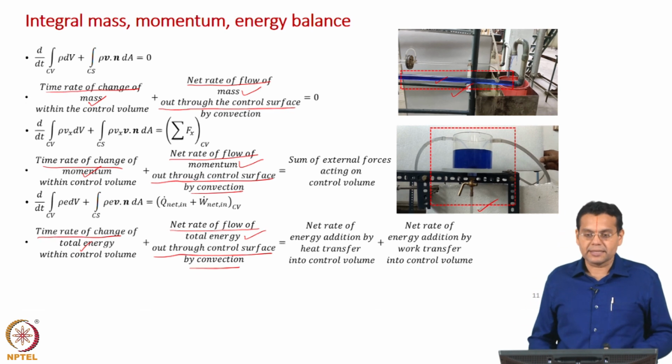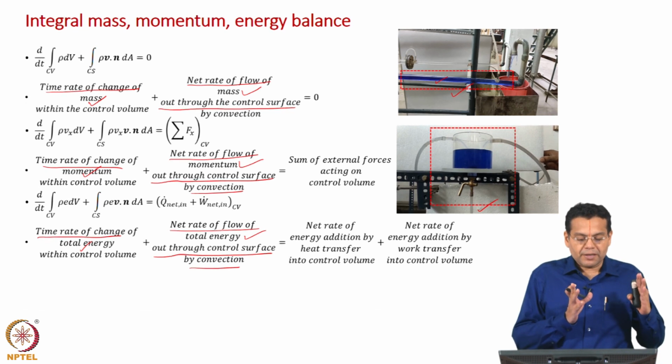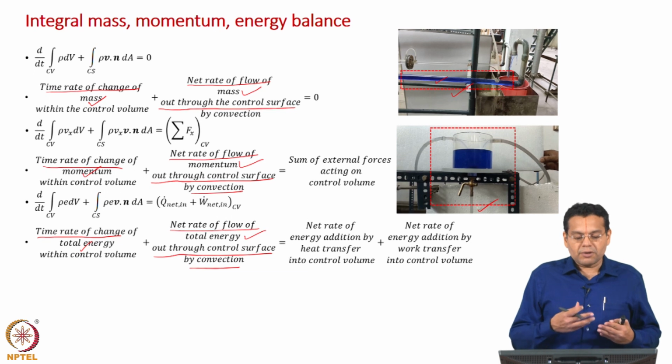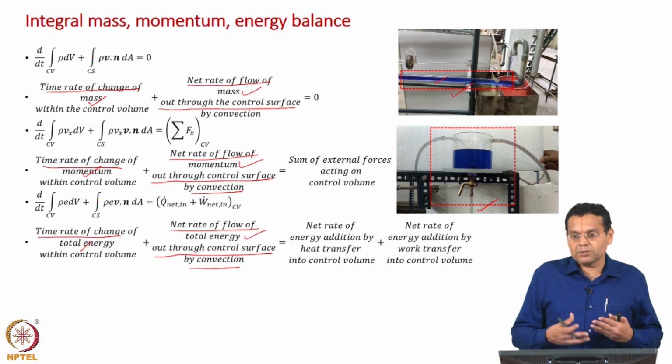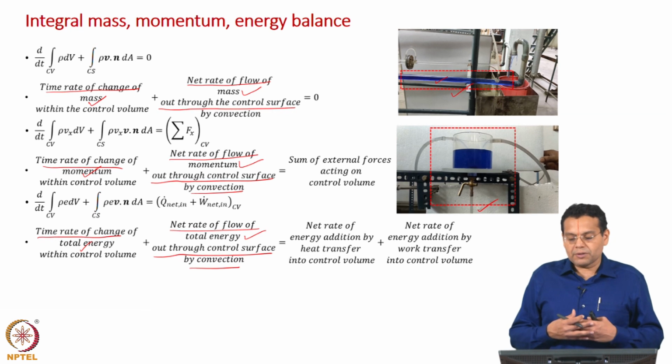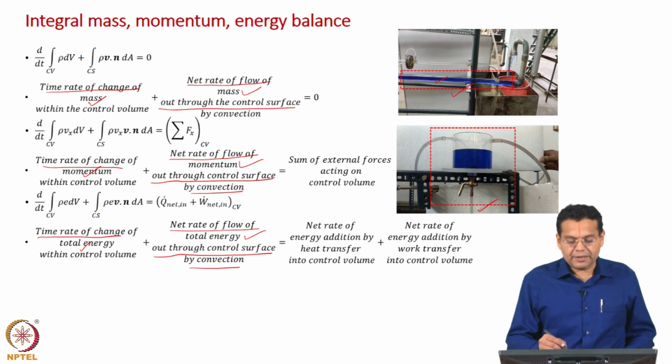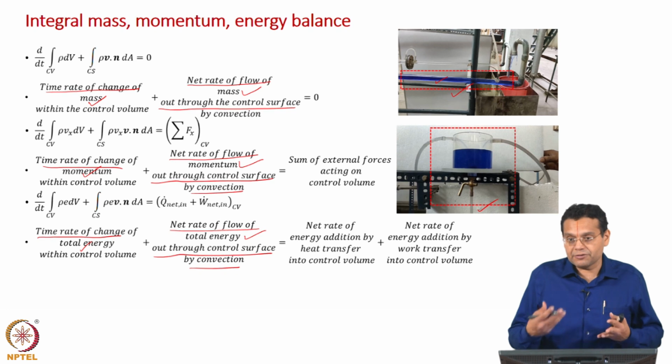Now, coming to the right hand side. The left hand side is very much analogous, a transient term and a convection term, one which accounts for whatever change is happening within the control volume with respect to time, and one which accounts for whatever is taken in, taken out. On the right hand side the terms are not the same because the law of physics is different.